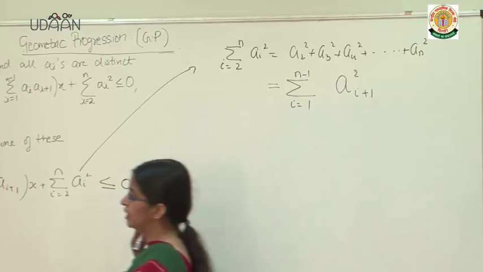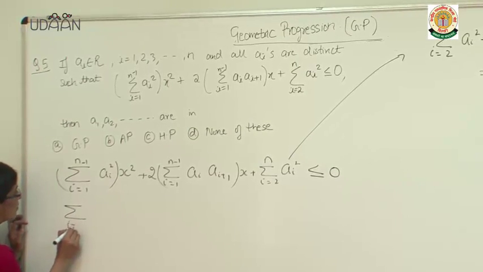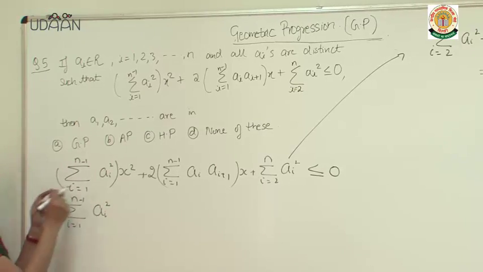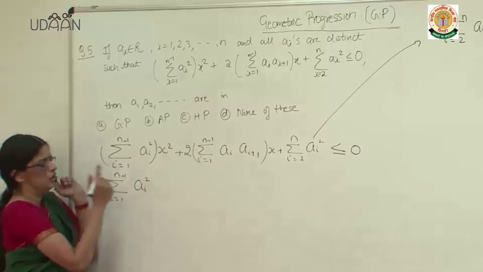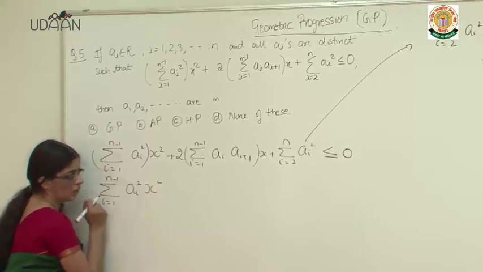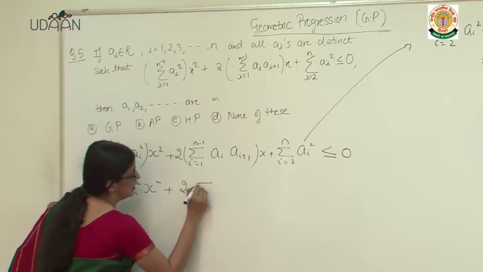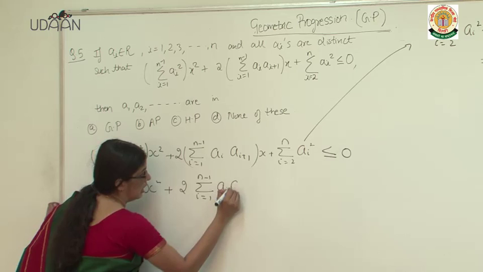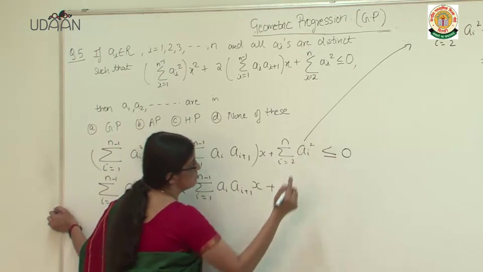Let us put the value here. So this inequation becomes sigma i equal to 1 to n minus 1 ai square. Now see, the sigma variable is i, x is independent of this. So there is absolutely no problem. I can write it like this: ai square x square plus, same reason I am going to open it, sigma i equal to 1 to n minus 1 ai into ai plus 1 into x plus, this we have simplified.